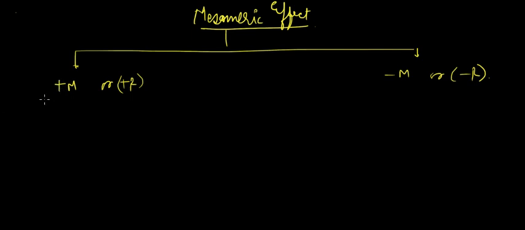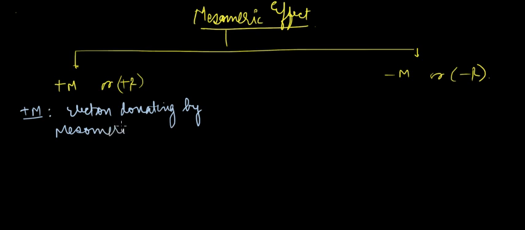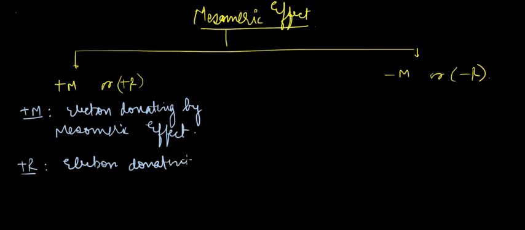So plus M means electron donating by mesomeric effect, and plus R is electron donating by resonance effect, or just by resonance.